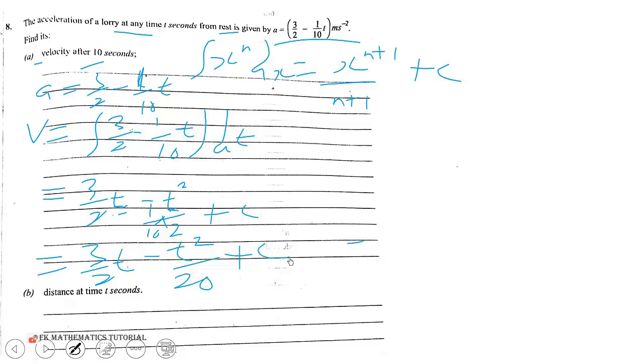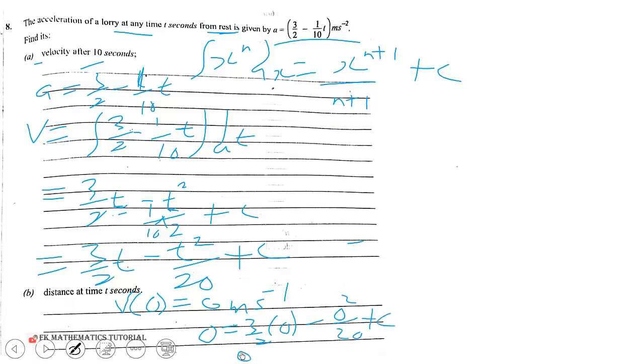We apply the fact that it is from rest. So v at time t = 0 will be equal to 0 meters per second. When we fix it inside, v of 0, that is 0, will be equal to 3/2 times 0 minus 0 squared over 20 plus c.